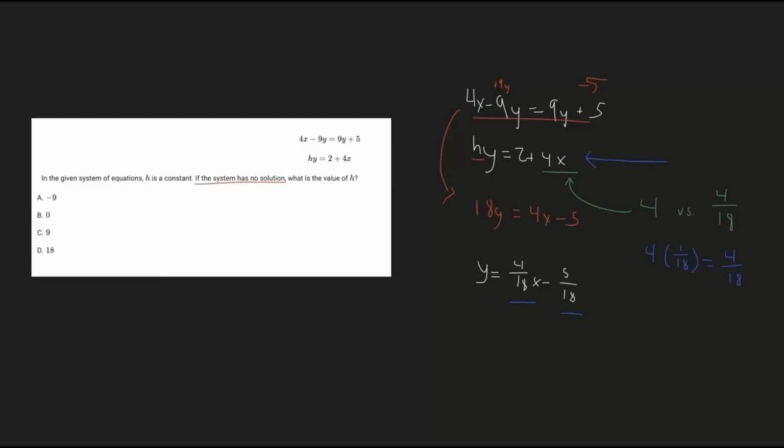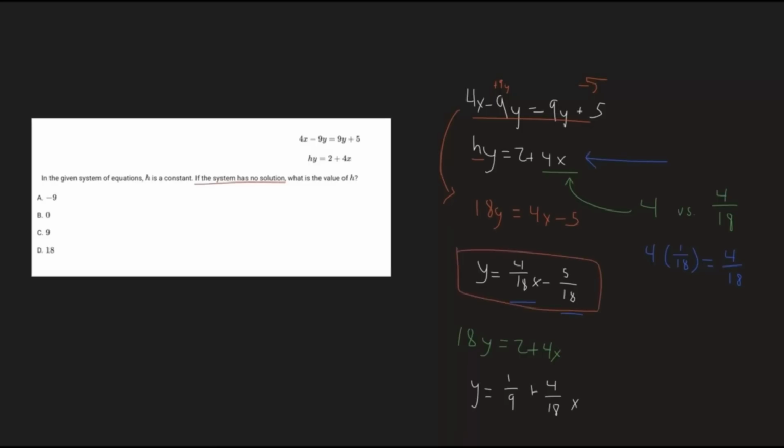So I'll show you how this works. If h was 18, then we get 18y equals 2 plus 4x, right? And so now when we isolate for the y value, divide both sides by 18, we get y equals 2/18, which is 1/9, plus 4/18 x. And so now we have our two equations, right?